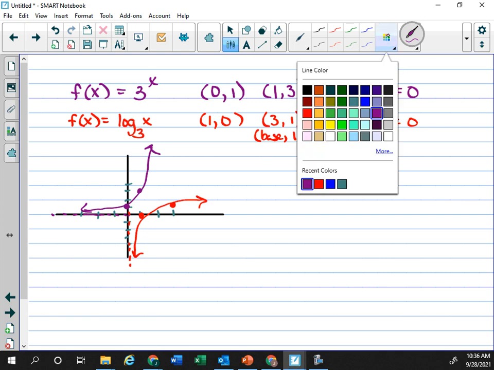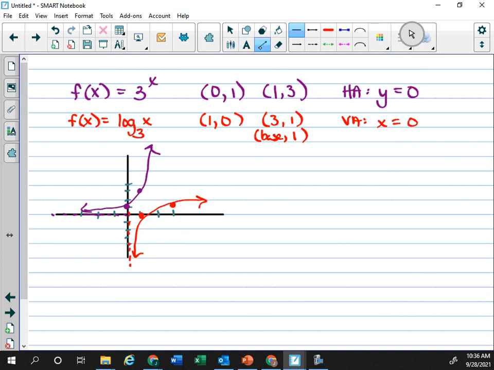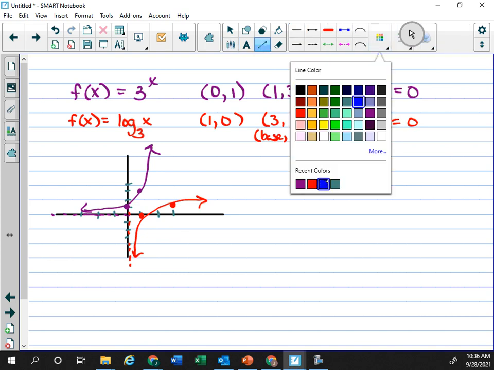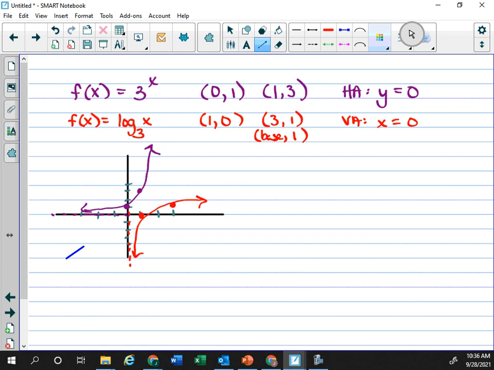And if I were to draw in that line y equals x, you see how, in my hand-drawn graph, decently, they're reflected across the line y equals x. So we're going to graph these essentially in the same way that we graphed exponentials, but you just have (1, 0) and (base, 1) to start with. But the transformations are all the same idea.